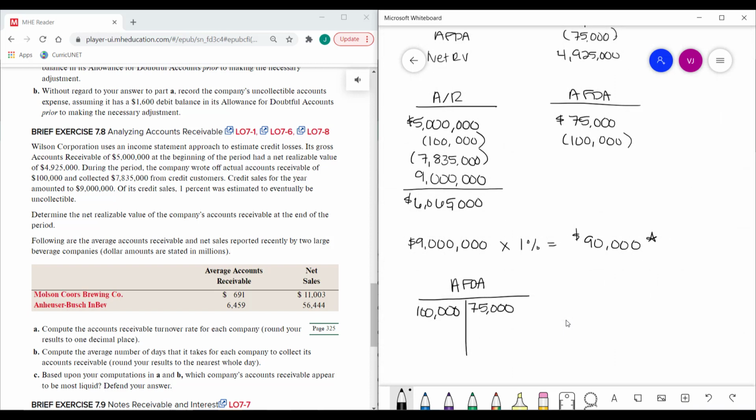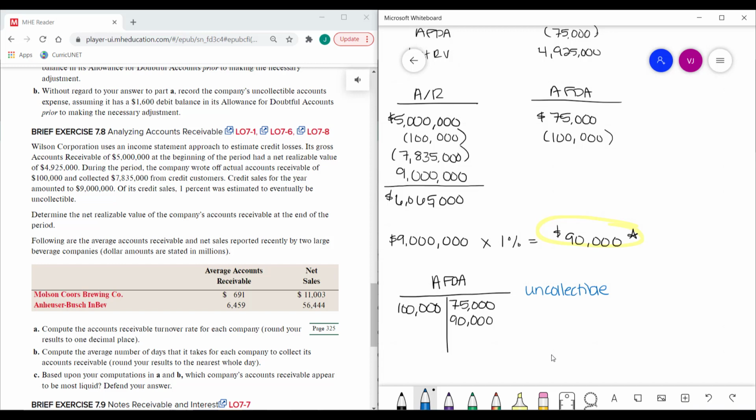But under the income statement approach, I don't care what the balance is in allowance for doubtful accounts to determine what my entry amount would be. Instead, you take the credit sales and multiply it by the percent uncollectible, and that is the amount of your entry. So that just gets added into the allowance for doubtful accounts. So we're just going to credit the allowance for doubtful accounts and debit the uncollectible accounts expense directly.